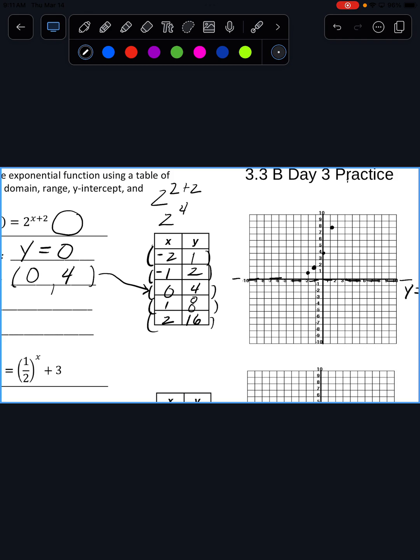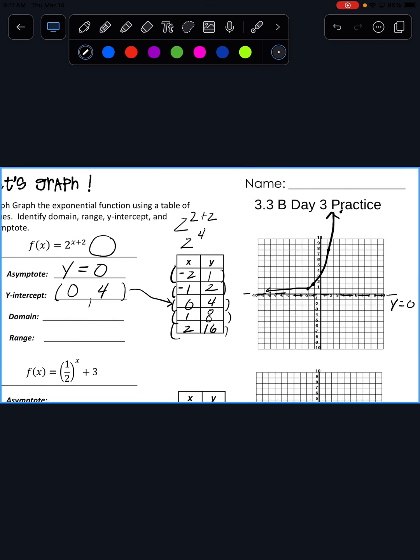All right? But I'm going to draw my exponential function, which is a curve, making sure I put arrows at the end. And now we have successfully graphed it.